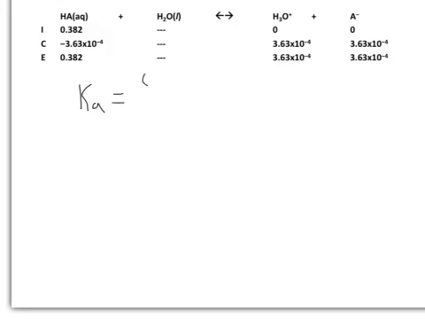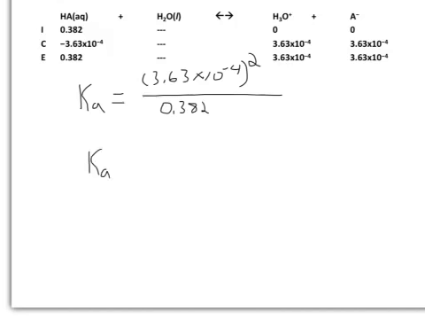So I have 3.63 times 10 to the minus 4 for the H3O+, and because the A minus is the same concentration, I can just go ahead and square that, divide that by the concentration of the reactants, and so when I plug that into my calculator, I get that my equilibrium constant is 0.382. And this is what the problem was asking for.